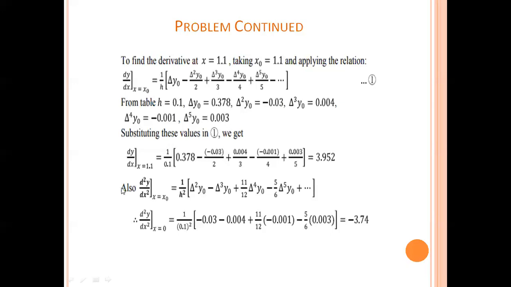After substituting all these values, I am getting d^2y/dx^2 = -3.74. So therefore, in this problem, the first derivative dy/dx is 3.952 and the second derivative d^2y/dx^2 is -3.74.